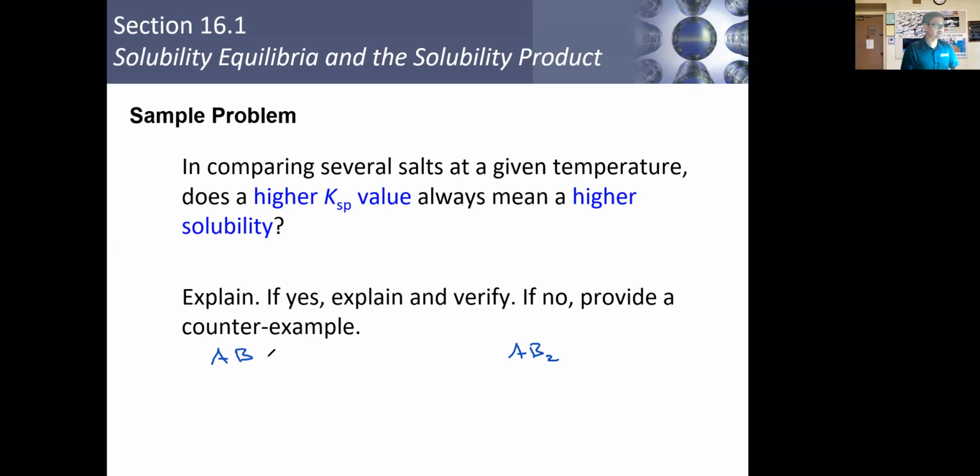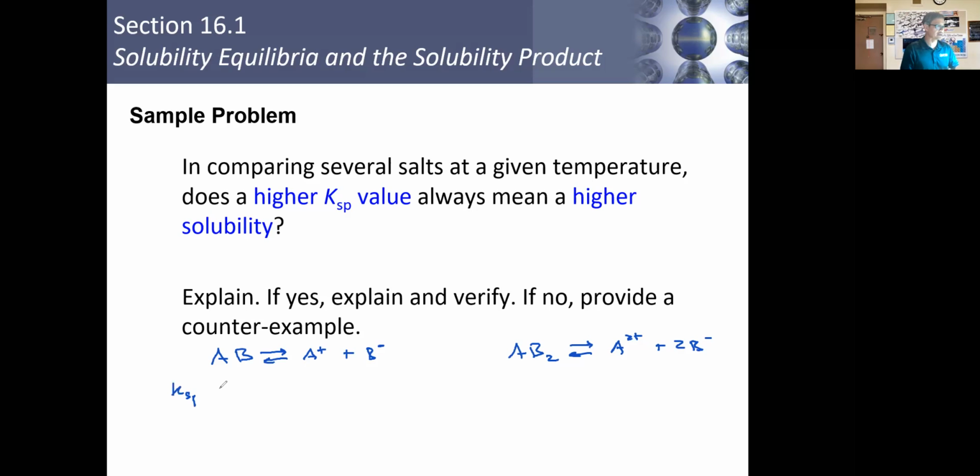Let's write down the KSP, the ion product constant. So AB, when it dissolves, is going to give A plus and B minus. With AB2, when it dissolves, it's going to give us A2 plus and 2 B minuses. Let's write out the KSP values.